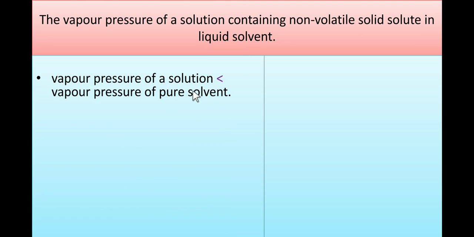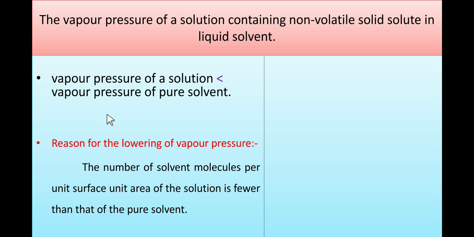If we make a solution by adding a non-volatile solid, for example glucose or sugar or salt, then the vapor pressure of the solution with the non-volatile solid is always less than the vapor pressure of the pure solvent.